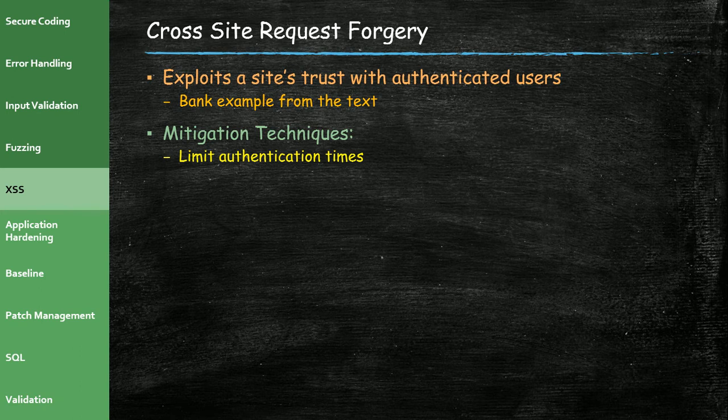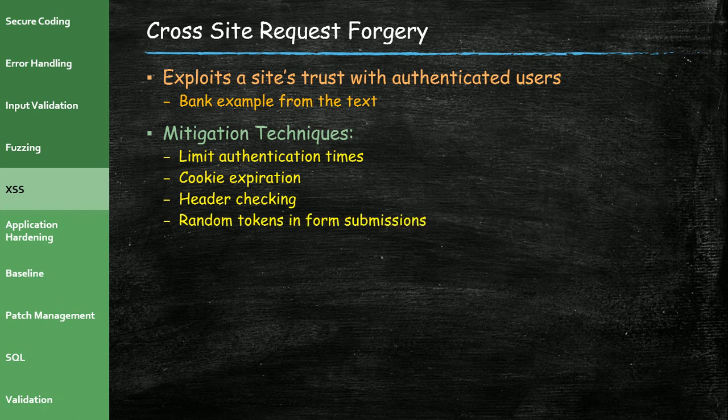Some of the techniques are that we can limit the authentication times, or how long people are authenticated. We can expire cookies. We can check headers. And I think in the lab I actually ask you to try to change headers, and the lab you do is somewhat of an example of forging authentication.